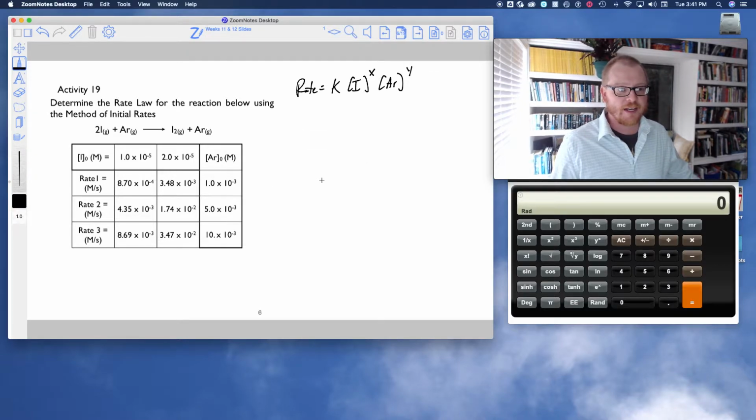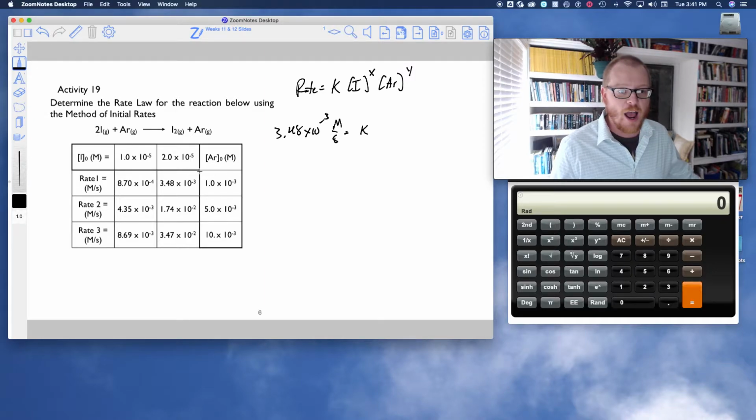So if I pick a set of data, for example, I'm going to start with this first rate of reaction, and I'm going to write that down. I'm going to say that's 3.48 times 10 to the minus 3, in molarity per second. And so I recognize all of that equals k times the concentration of iodine times the concentration of argon.